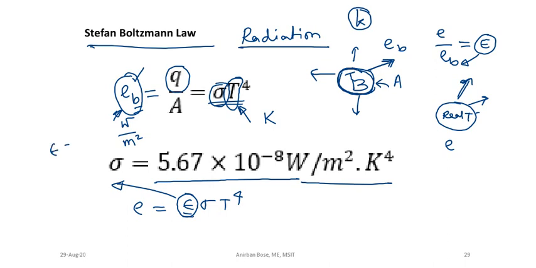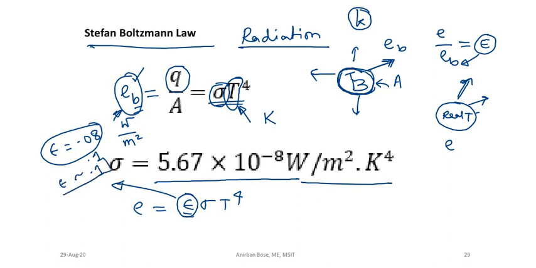For a very polished surface, it may be in the order of 0.1, 0.05, 0.2. So the order is 0.1 basically, that you have to remember.